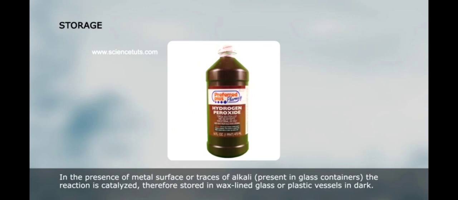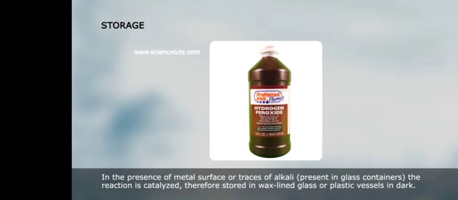In the presence of metal surface or traces of alkali, the decomposition is catalyzed, therefore it is stored in wax lined glass or plastic vessels in the dark. It should be stored in a dark place. Urea can be added as a stabilizing agent in hydrogen peroxide.